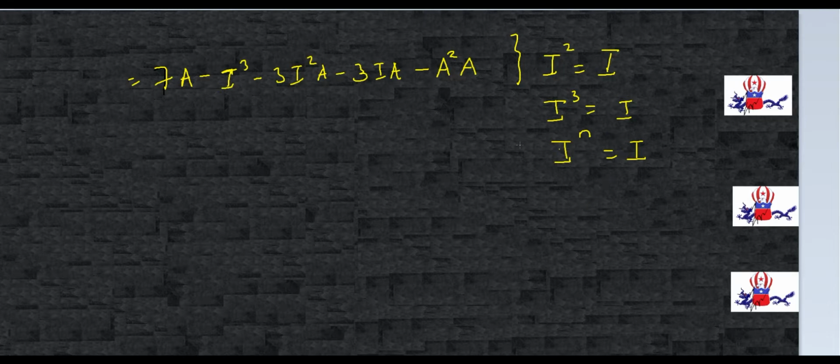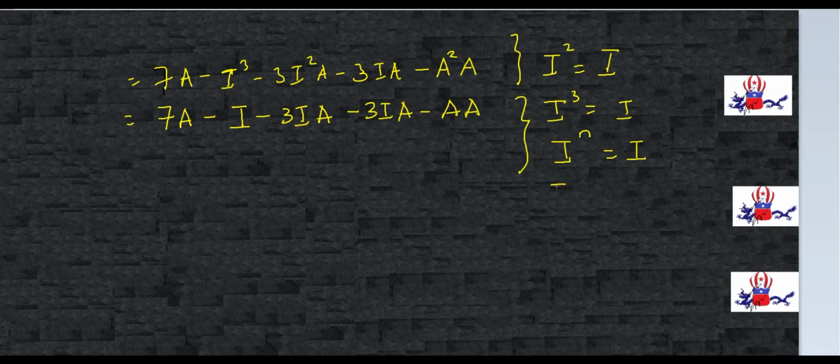Having established this result, we can rewrite this equation as 7 times A minus I minus 3 times I times A minus 3 times I times A. Of course, A squared is given to be A, so that's going to be A multiplied with A.